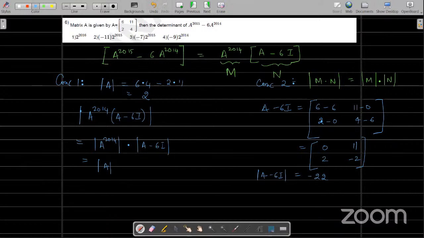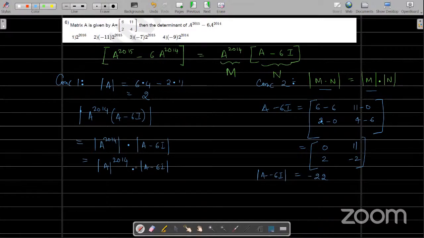One is multiplying the matrix to itself and taking the determinant. So the determinant of the product is equal to the product of the determinants. Okay, something like this here, which we have written as concept 2. Determinant of M into N is determinant of M and determinant of N. So the same logic works here, and I can put the power outside into A minus 6I determinant.